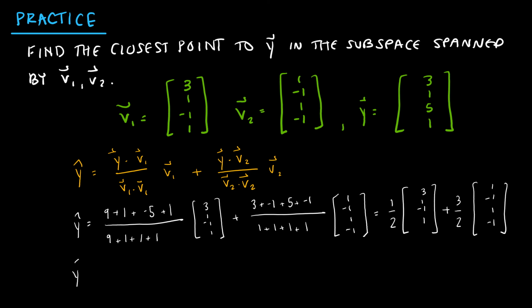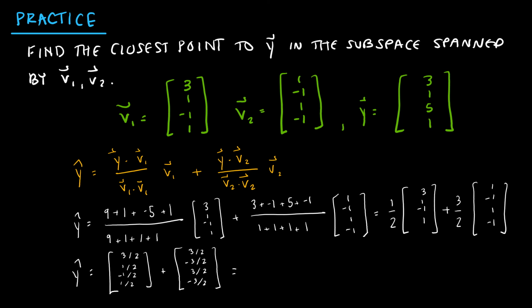So if I continue that, I'm going to end up with, let's see, (3 halves, 1 half, negative 1 half, 1 half), and the sum of that and (3 halves, negative 3 halves, 3 halves, negative 3 halves).